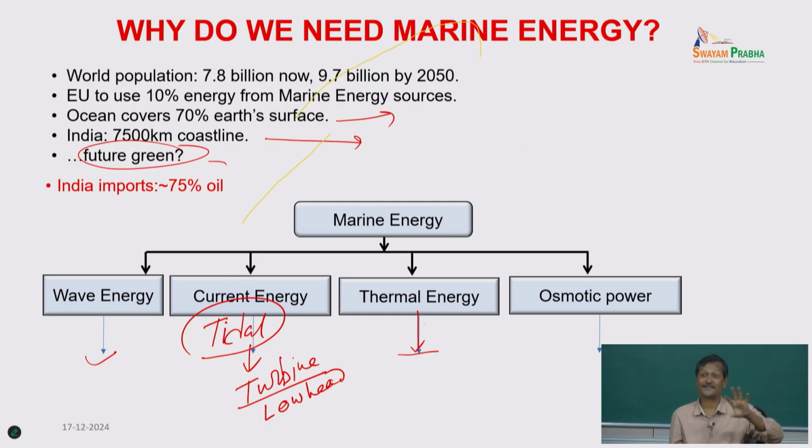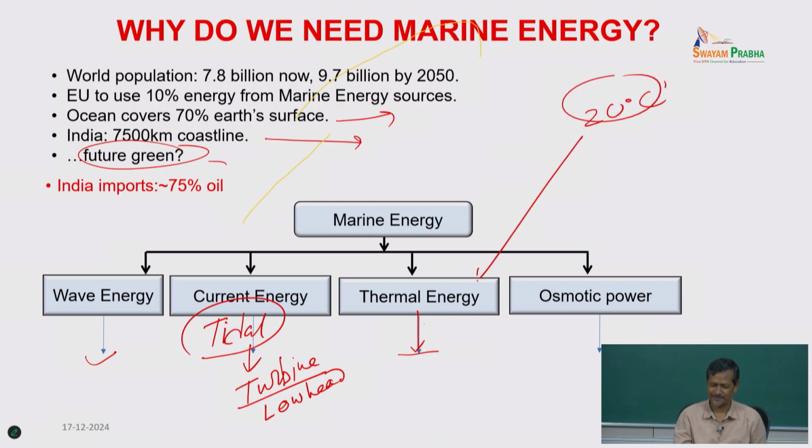Steam turbine actually, National Thermal Power Corporation, NTPC, they are running their system at 400-500, right. And in our ocean thermal energy converter system, it is around 20 degrees centigrade difference, okay. So ocean thermal energy is called OTEC, ocean thermal energy converter.